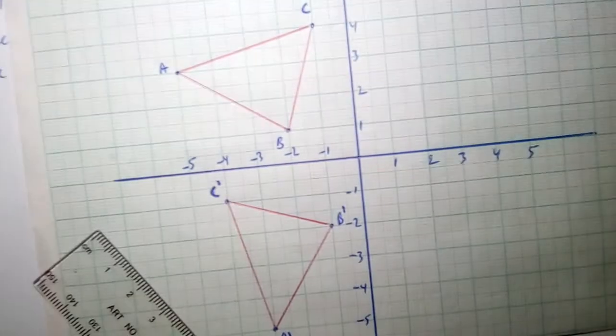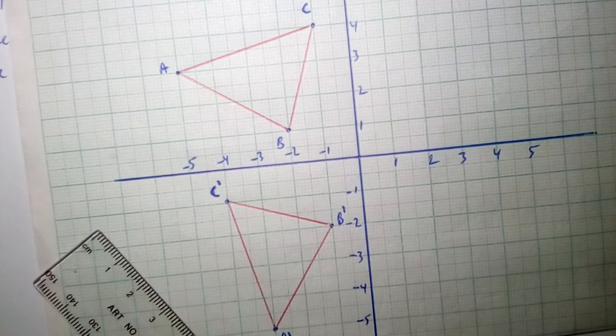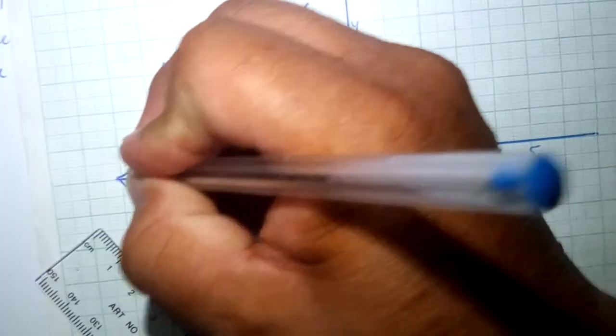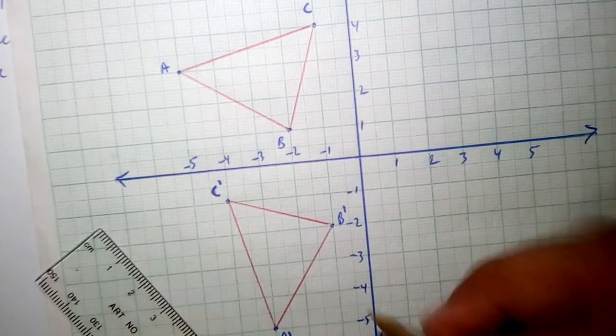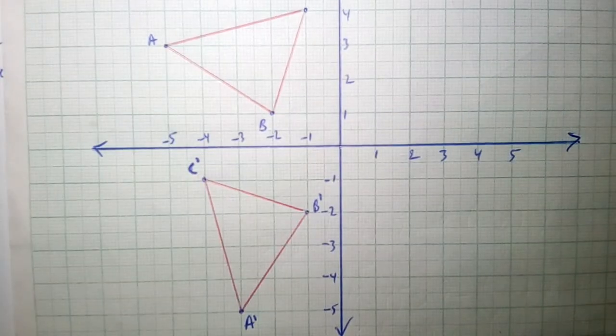Notice everything stayed to this side. All right, so again, you put your arrows in your diagram to show that they continue. That is for our graph.